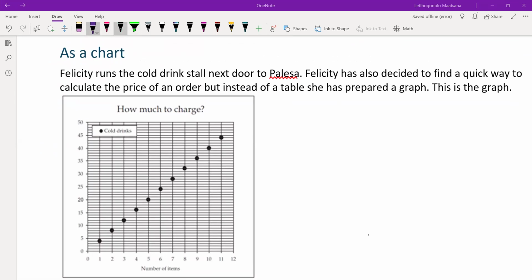So here we can clearly see that if you want 3 bottles of cold drink, you would have to pay between 10 to 15 rand. So that's 13.5 rand, right? You can see here that there is a clear pattern. There is a constant increase in the price with an increase in the number of items that you buy.